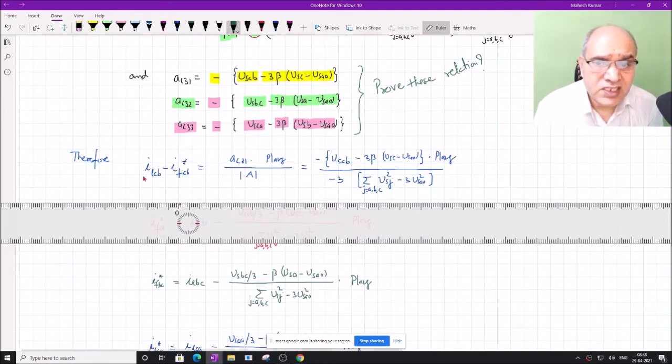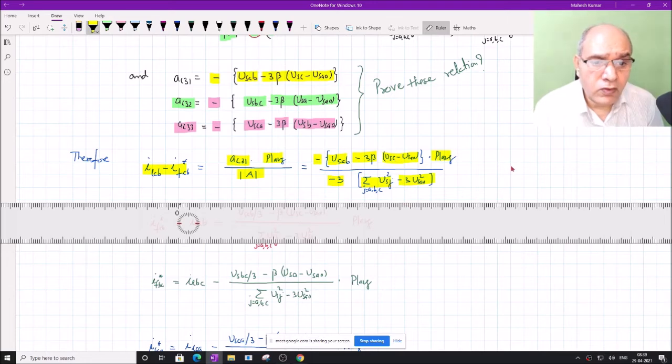Once these are known to us, then we'll find ILAB minus IFAB star equal to AC31 by determinant A into PL average. So AC31 is minus BSAB minus 3 beta BSC minus BSA0, into PL average, by minus 3 sigma BSJ square minus BSA0 square.